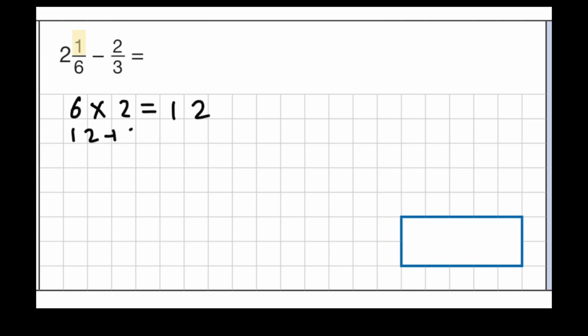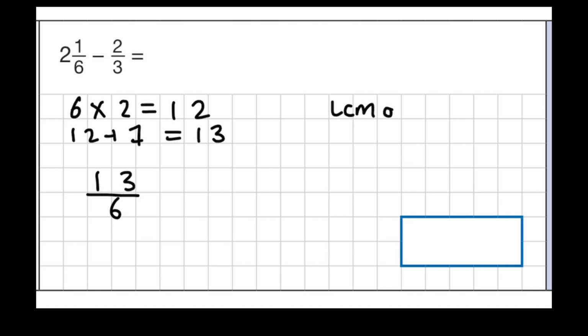Now, with 12, we need to add the numerator to this. 12 plus 1 is equal to 13. So you multiply the denominator by the whole number and then you add the numerator. The improper fraction is 13/6. So now the calculation is 13/6 minus 2/3.